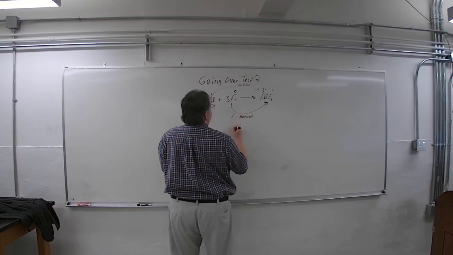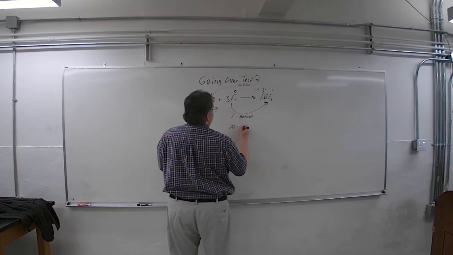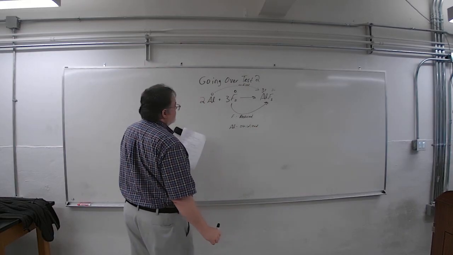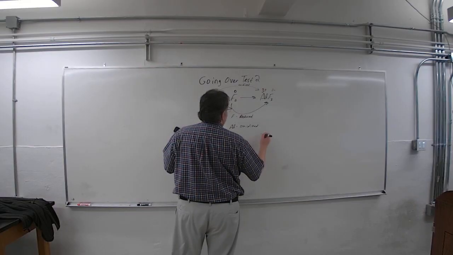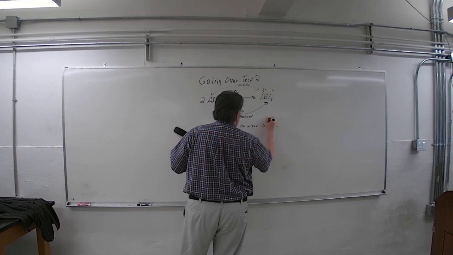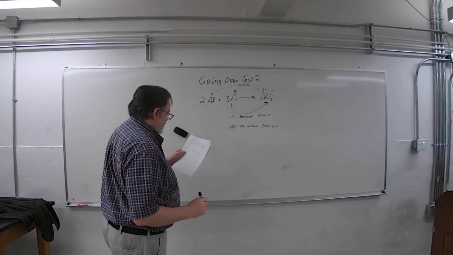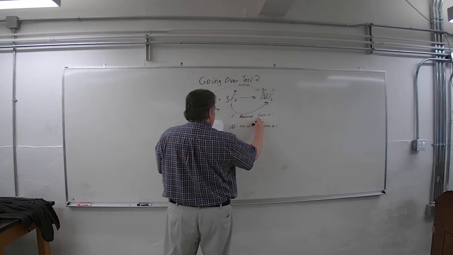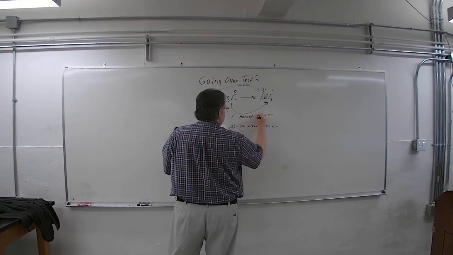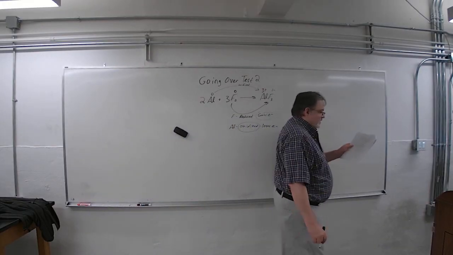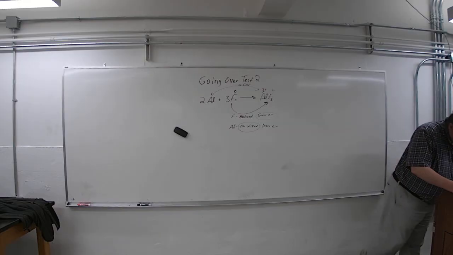So F is reduced, Al is oxidized. F is gaining electrons, Al is oxidized. So that's B and C. So that should be the answer, E.